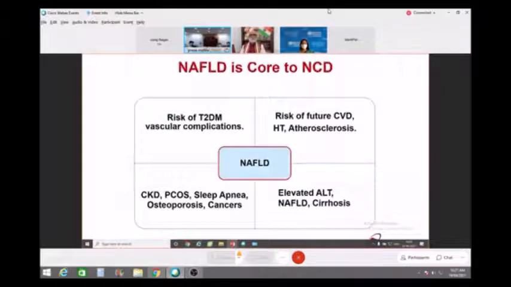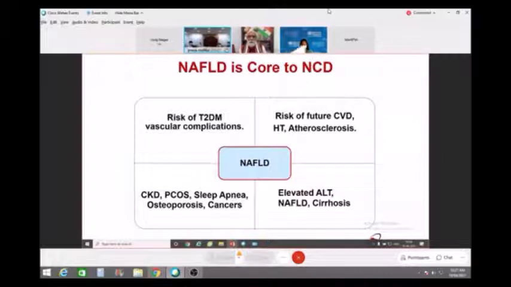So what I want to stress by this brief presentation is that fatty liver disease, non-alcoholic, without drinking, is core to all non-communicable diseases. Risk of development of diabetes or its complications, risk of cerebrovascular diseases, hypertension, atherosclerosis, heart diseases, kidney.